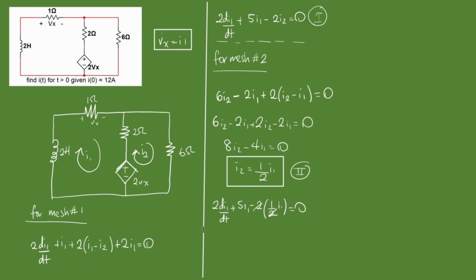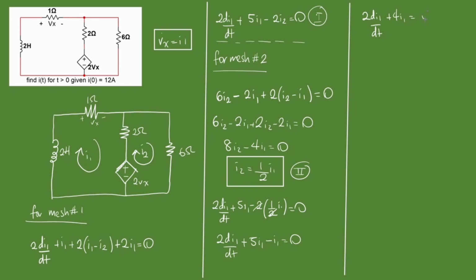So this 2 cancels out, so I'm going to end up with 2 di1/dt plus 5I1 minus I1 equals 0. So 2 dI1/dt plus 4I1 equals 0.